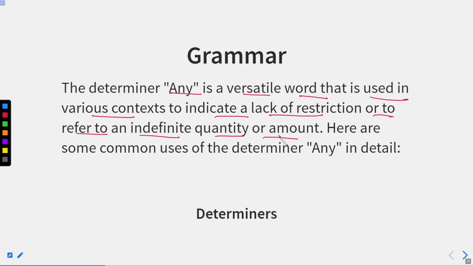Lack of restriction means there is no limit and there should not be any limit. Refer to an indefinite quantity or amount, because if I say any bird, I cannot say exactly how many birds, or sorry, how many number I'm talking about. It is totally indefinite.